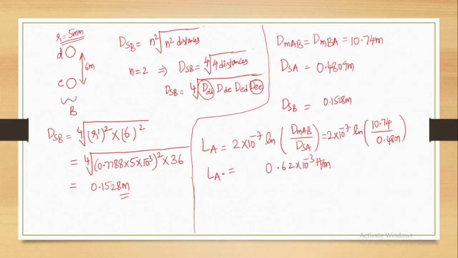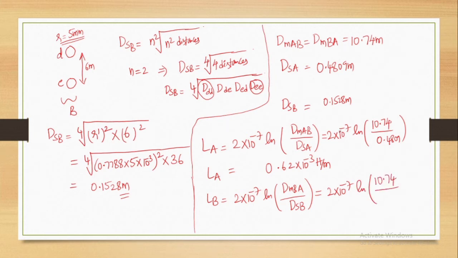This is LA. Similarly, how can you find LB? LB is 2 times 10 power minus 7 ln of GMD taken from B to A and GMR of B side. So it is 2 times 10 power minus 7 into ln of 10.74 and 0.1528.